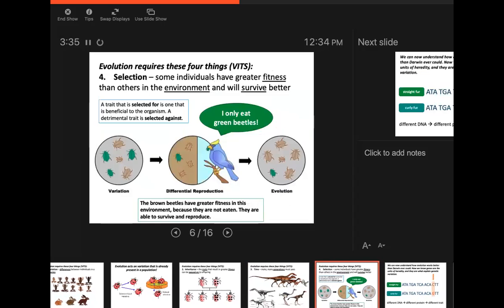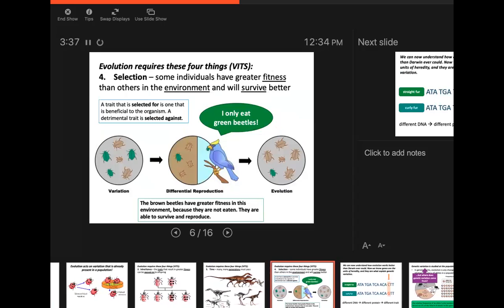And then last, evolution requires selection. And what we mean by selection is that some individuals have greater fitness than others, and those that have that greater fitness are the ones that will survive and reproduce. And we looked at this the other day. We saw this same image with the green and brown beetles, and what happens throughout this image?